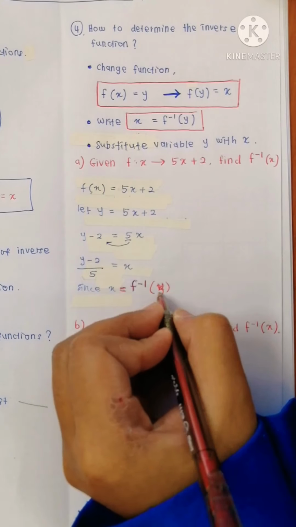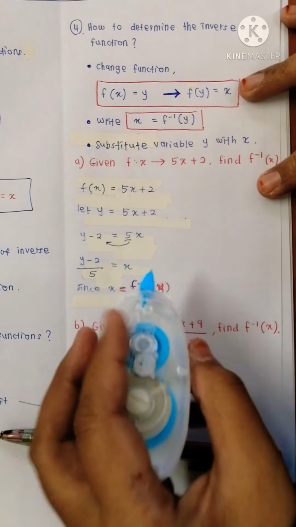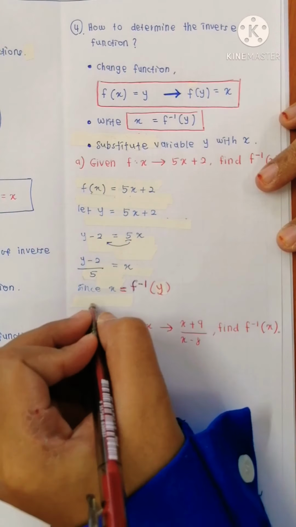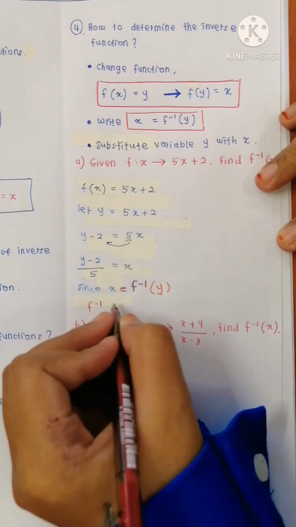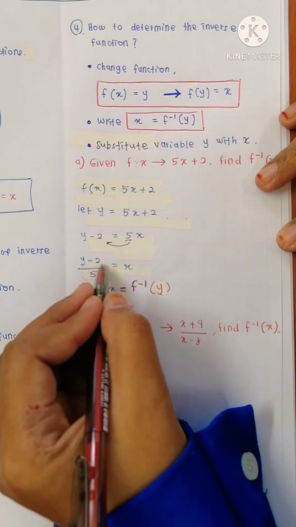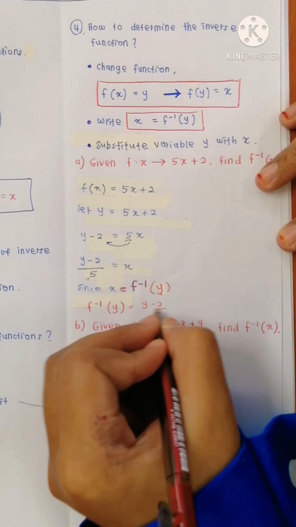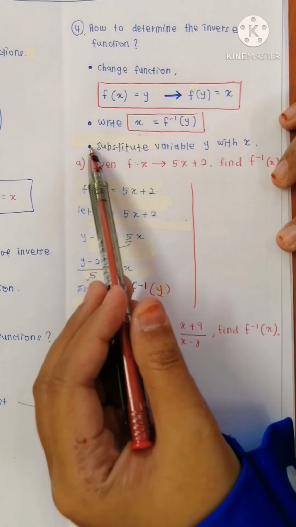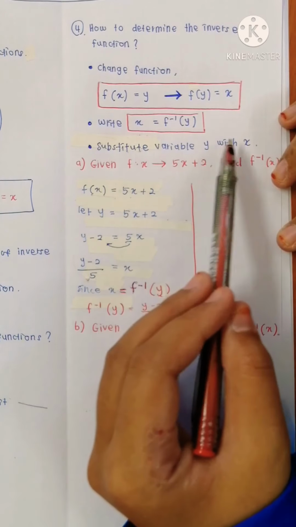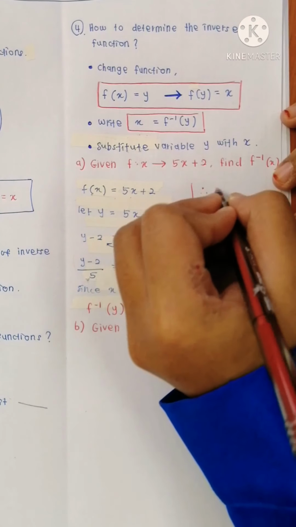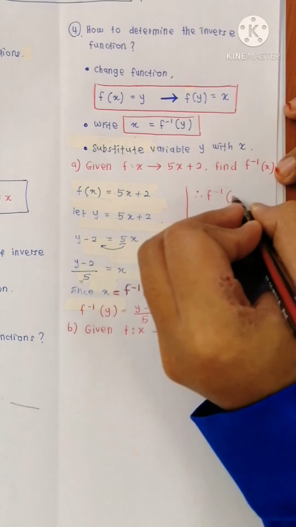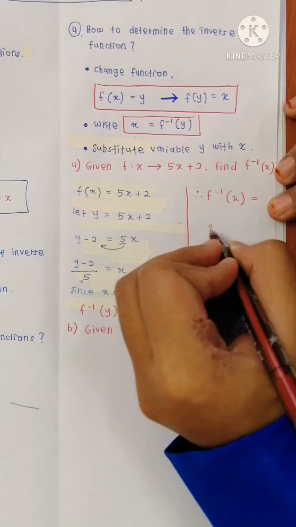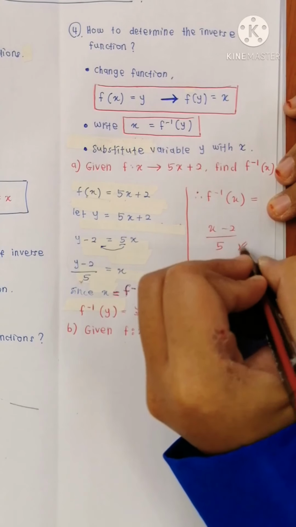Sorry, this one is y, not x. So we know that f inverse function f of y is equal to x, which is y minus 2 over 5. After we apply this, we apply the last step, which is substitute variable y with x. So f negative 1 of x is equal to x minus 2 over 5. This is the answer.